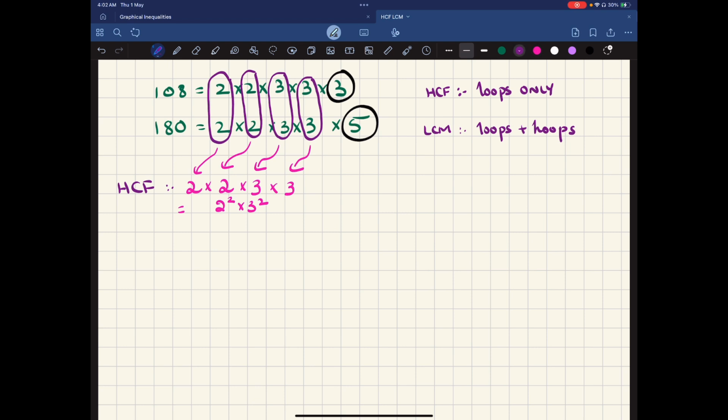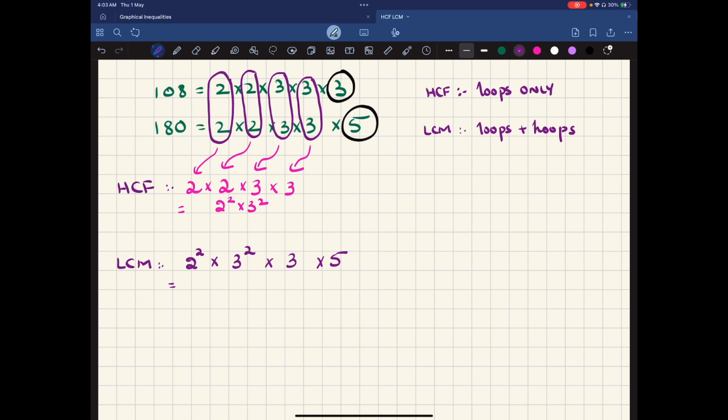So HCF is loops only. You're always going to make your loops and hoops at the start, okay? LCM is loops plus hoops. So first we're just going to copy down the HCF because that is loops only. And then what are we left with? The hoops. So it's going to be 3 into 5.